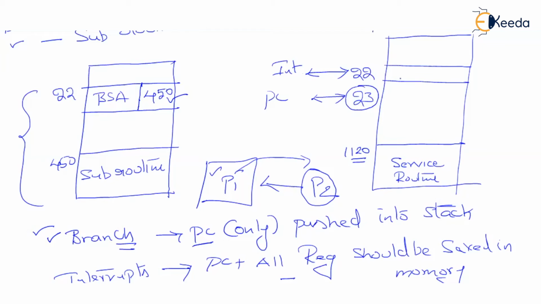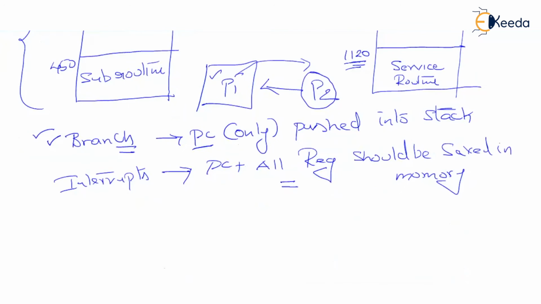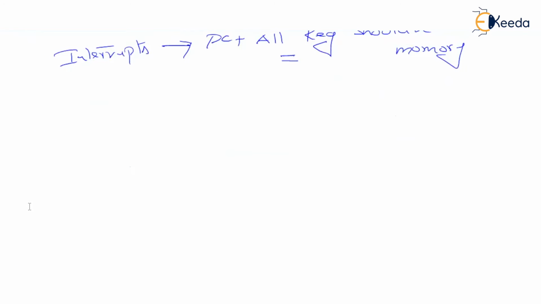But during interrupts, who is going to give us the service routine's address? The service routine's address cannot be in the current instruction because it is the starting address of a different program. So this is the reason why we need to understand two things: vectored interrupts and non-vectored interrupts. Let us understand the difference between vectored and non-vectored.